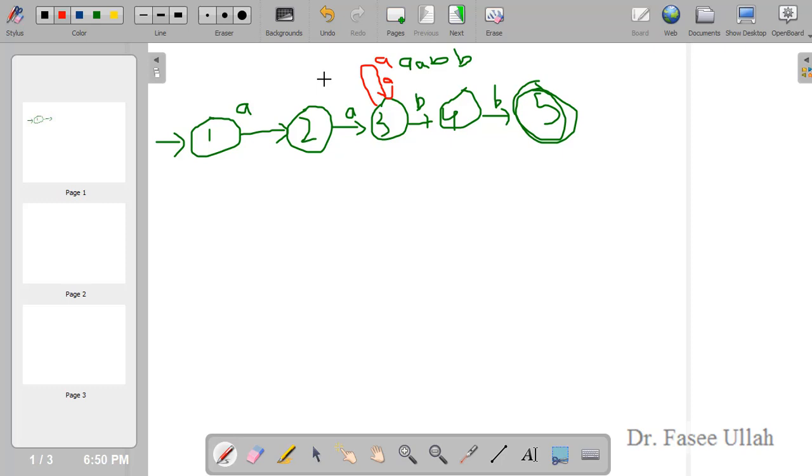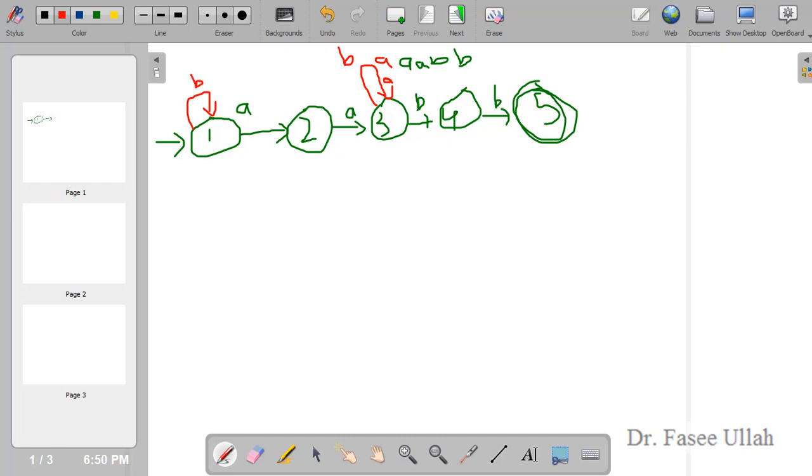Okay, this is also good. Other than this, for example, the user wants to start with B. Here it does not accept B at the start, so to cover this we can easily put a loop over here and mention the B.